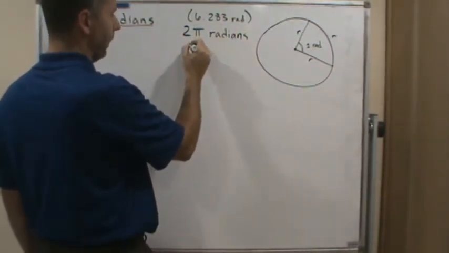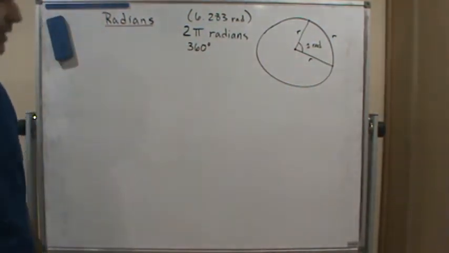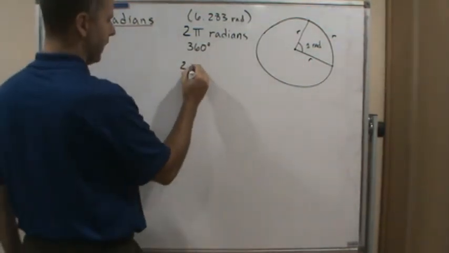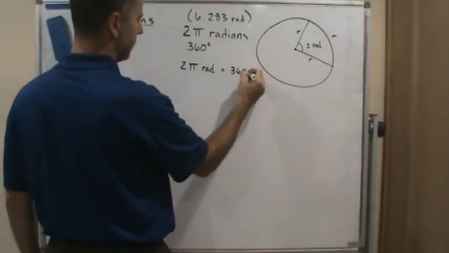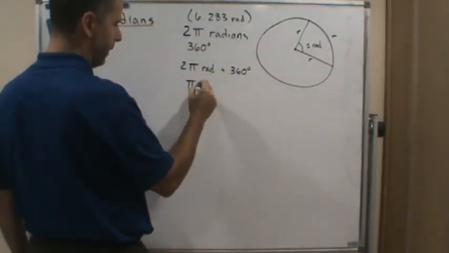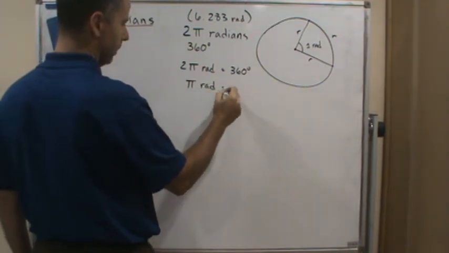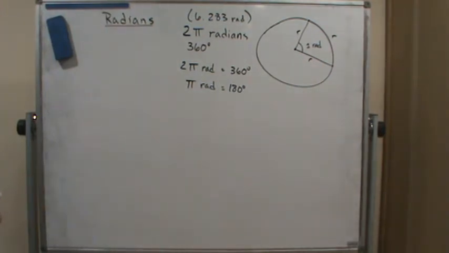But also in degrees, remember, a full rotation of a circle is 360 degrees. So we know that 2 pi radians is equal to 360 degrees, which also gives us that pi radians equals 180 degrees as well. Okay, so this gives us a way to convert easily from degrees to radians and radians to degrees.